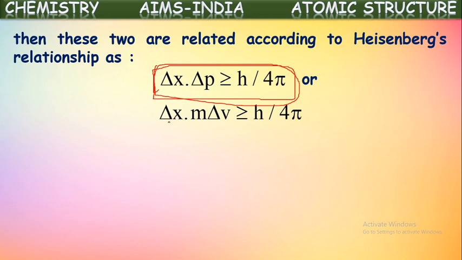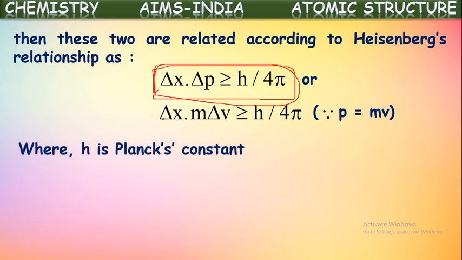Now it can be written as delta x into m into delta v is greater than or equal to h by 4 pi. Here p represents mass into velocity, and h is Planck's constant.